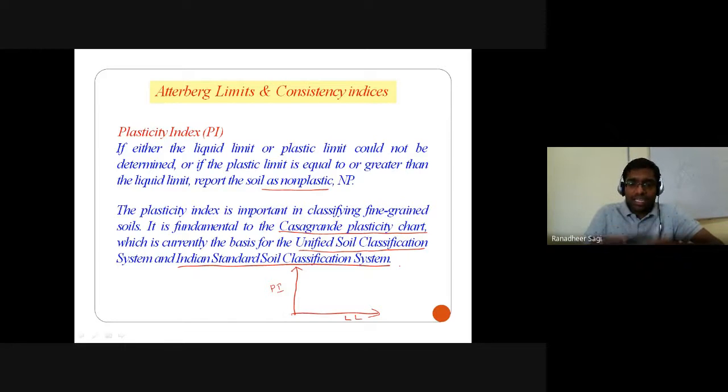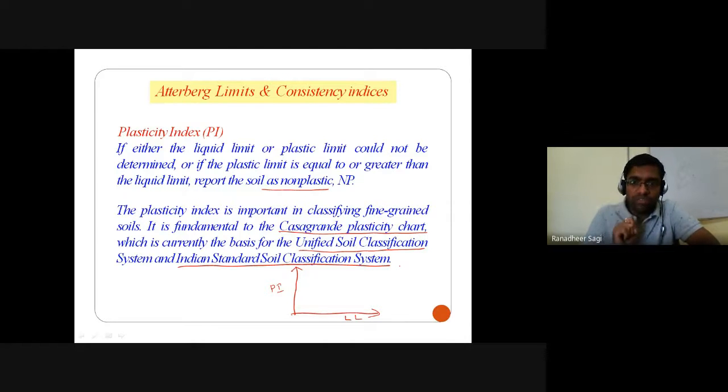Now, for the given soil sample for which you are required to determine your Atterberg limits or consistency limits, you will determine the liquid limit and the plastic limit. Once the liquid limit and plastic limit data are known, you can get the plasticity index value of that soil. Then we go back to Casagrande's plasticity chart, and based on the liquid limit value and the plasticity index value you have got, you will locate a point on that standard chart.